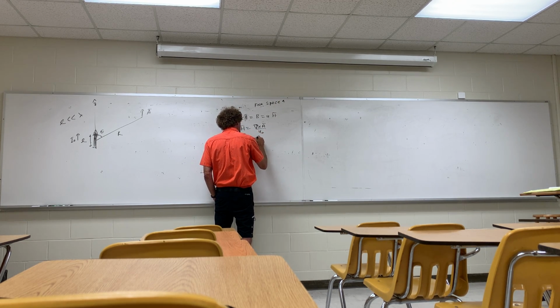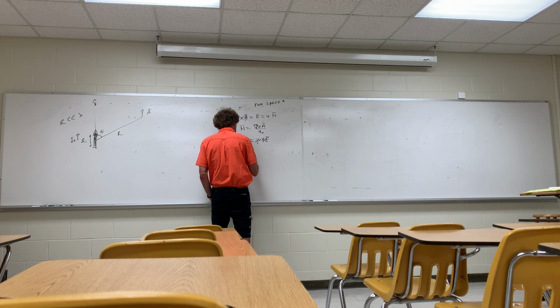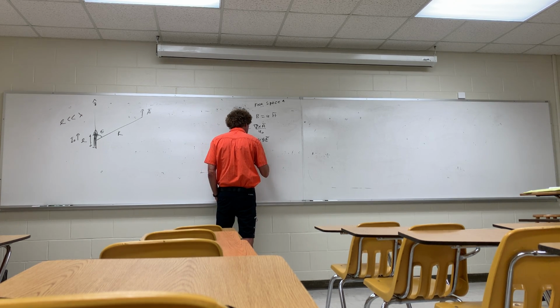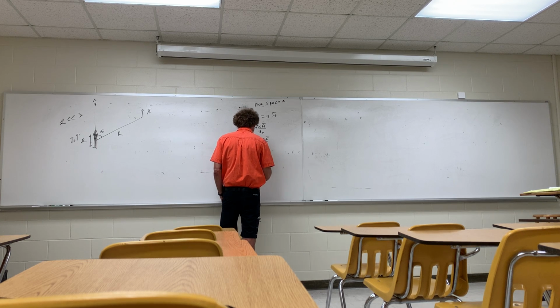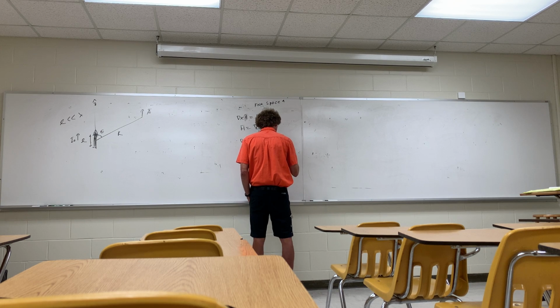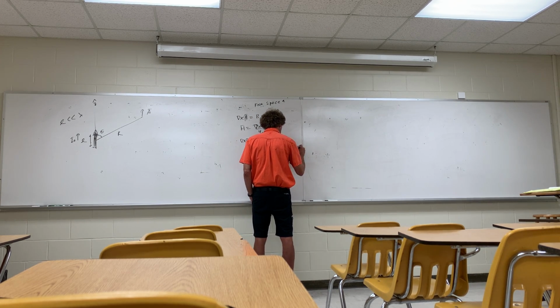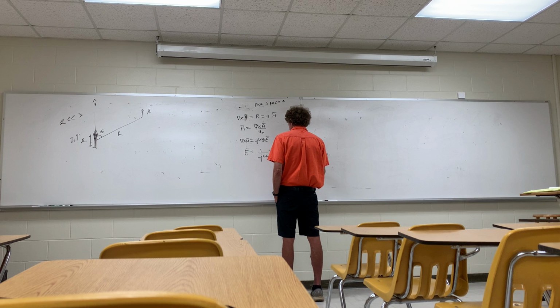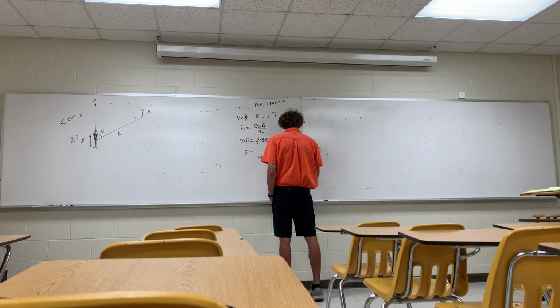Curl of H is j omega epsilon times E. Or we can say E is equal to 1 over j omega epsilon times the curl of H. And the curl of H is the curl of A divided by mu naught, so it's 1 over j omega epsilon times the curl of A over mu naught.